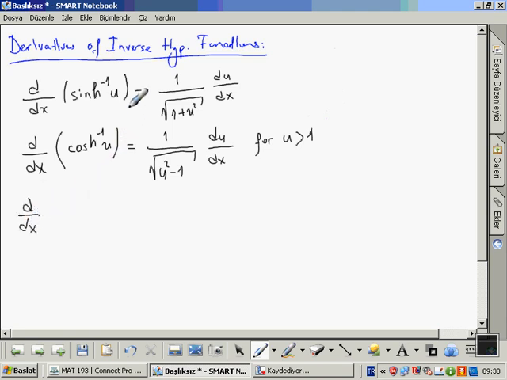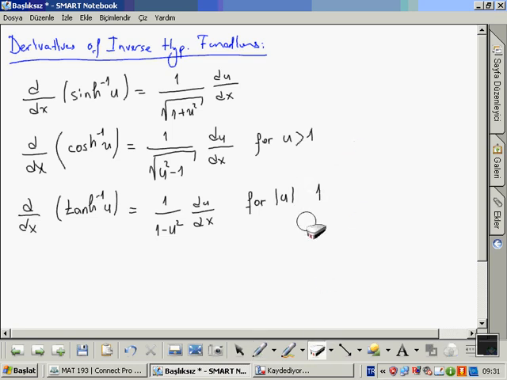Del over del x of inverse tan hu is equal to 1 over 1 minus u square, del u over del x, and for absolute value of u less than 1, I'm sorry, I said larger, this part is less than 1.